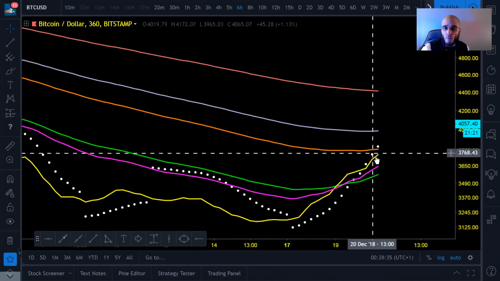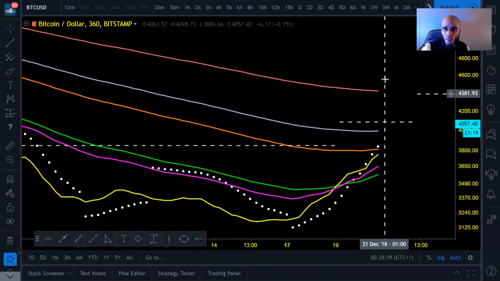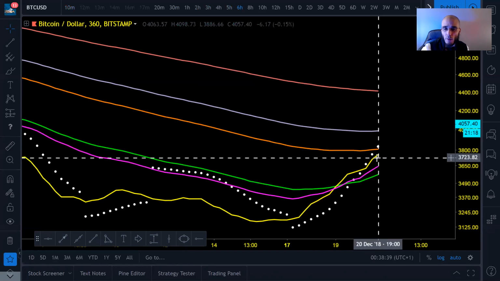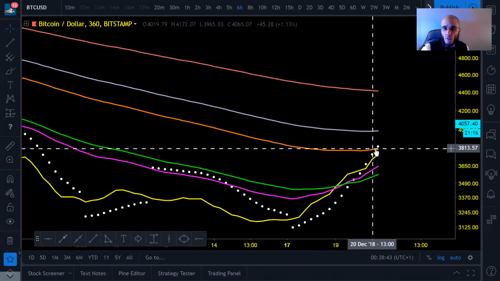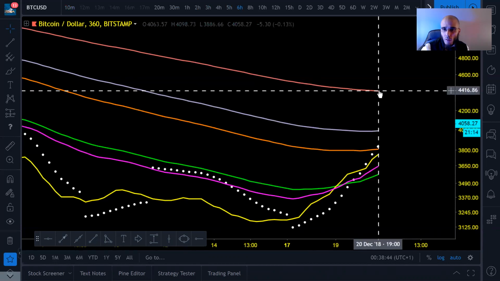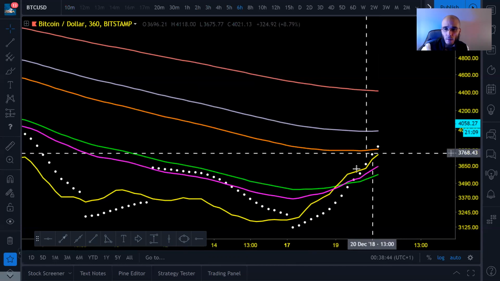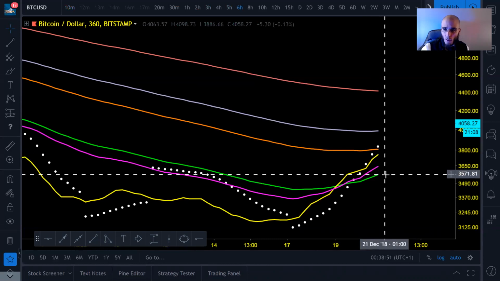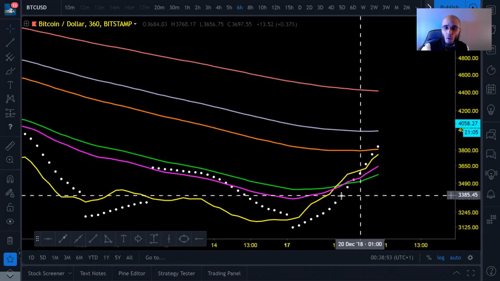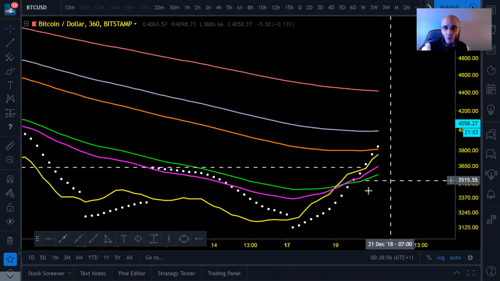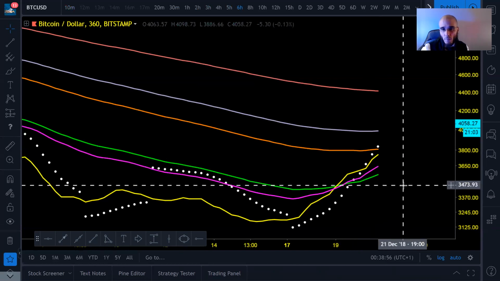It will be really bullish once the yellow moving average goes higher than the other moving averages. Once we are higher than 4,400, it is 100% bullish. But for now, it starts to be looking bullish since we had the first golden crosses.